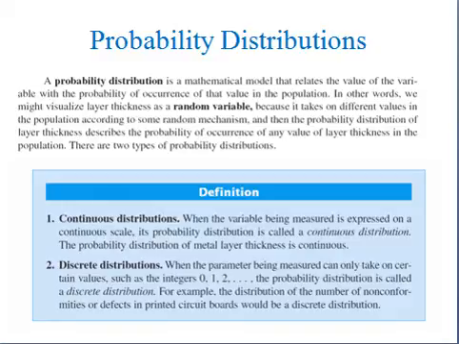Probability distributions. A probability distribution is a mathematical model that relates the value of a variable with the probability of occurrence of that value in the population. There are two types of probability distributions. One is continuous distributions, and the second one is discrete distributions.